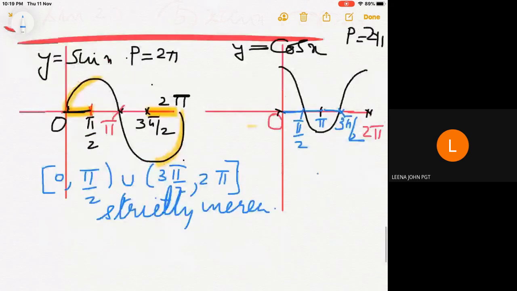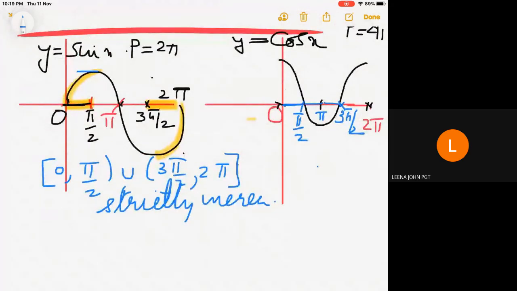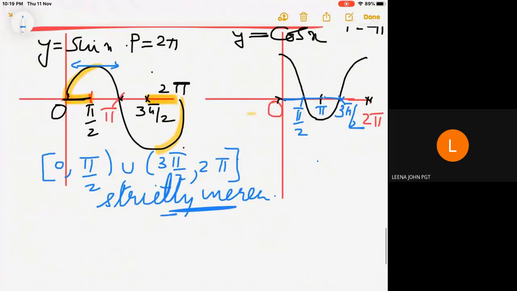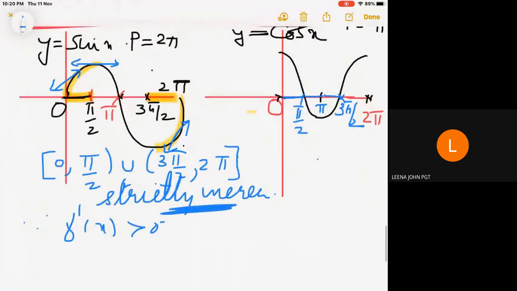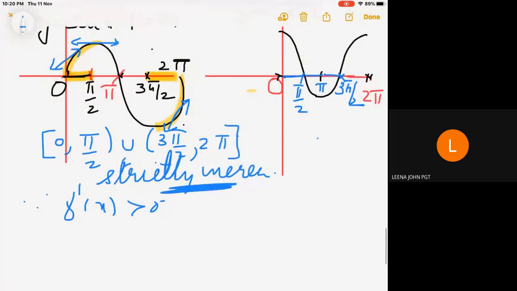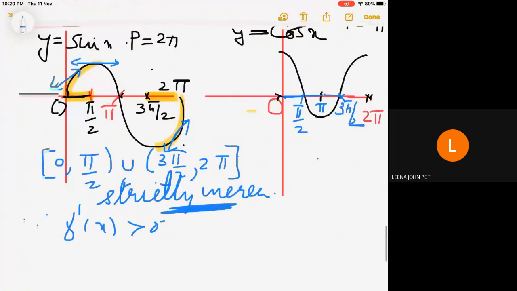And if you include this point pi by 2 where f dash x is equal to 0, this is strictly increasing, since f dash x is greater than 0, because you can see that the tangent is having positive slope. Here also you can see that the tangent is having positive slope. But if you take the tangent with slope 0, you will get only increasing interval.